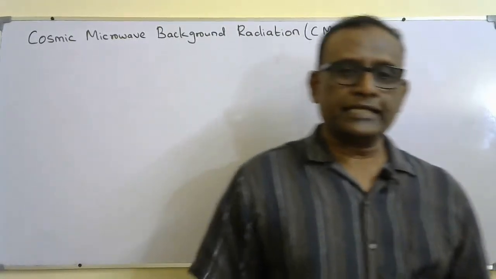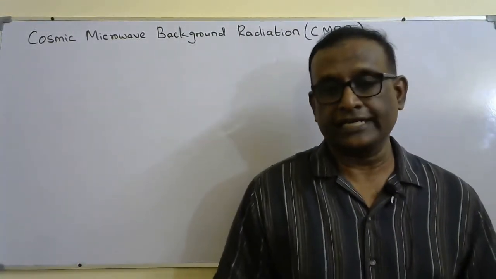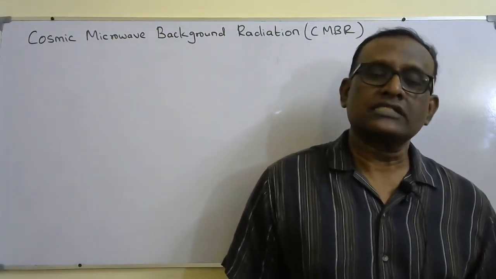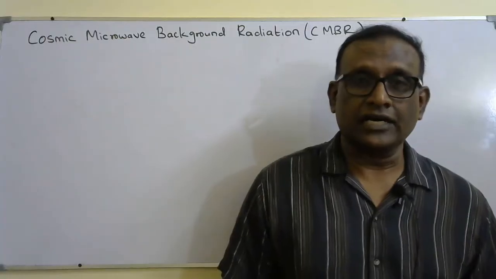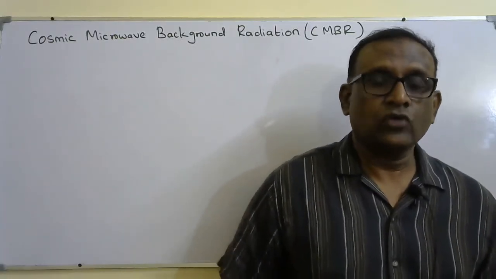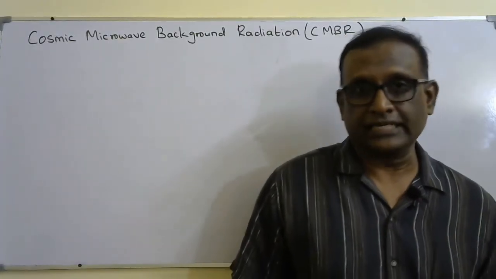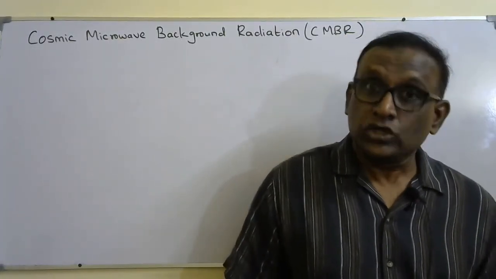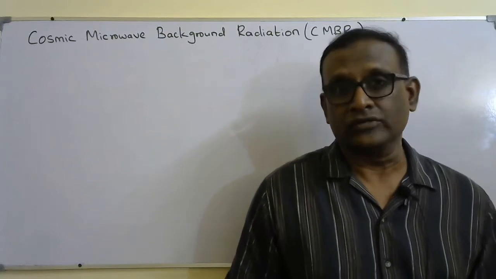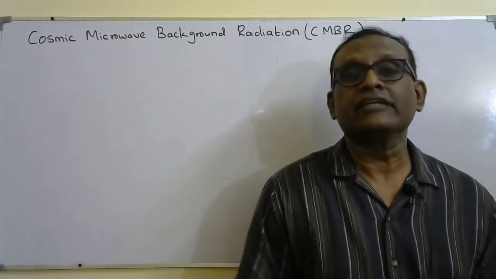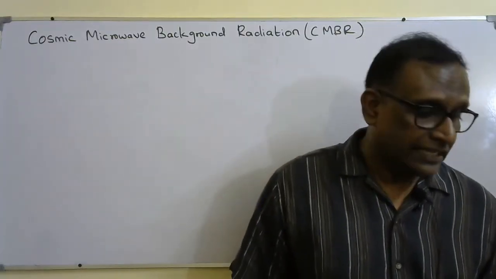Okay, next topic is cosmic microwave background radiation, or in short form it's called CMBR. It was detected accidentally in 1965 when two researchers belonging to Bell Telephone Laboratory made a radio receiver and found it was receiving an unknown noise in the region of microwave.